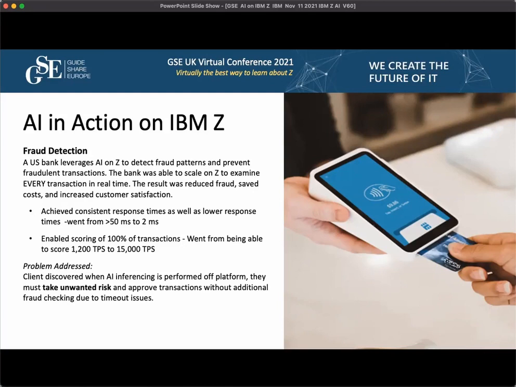So they came to us and asked for help to leverage AI on the Z platform, close to the fraud detection application they had running on z/OS, which was based on business rules.